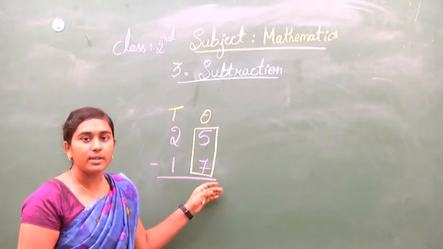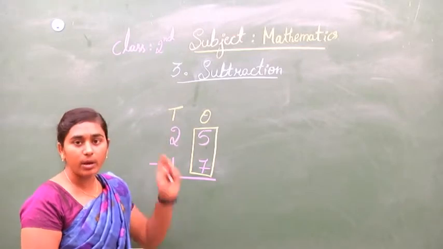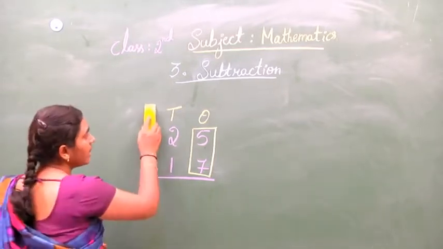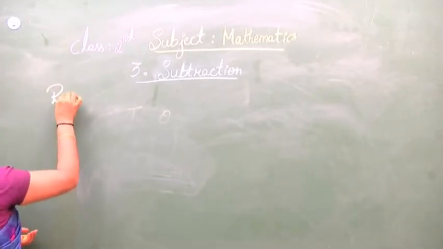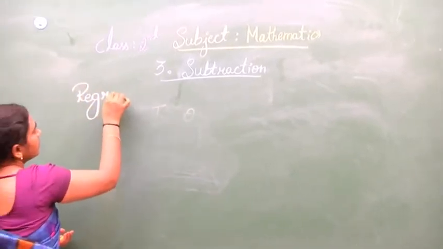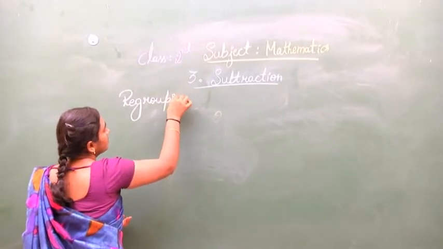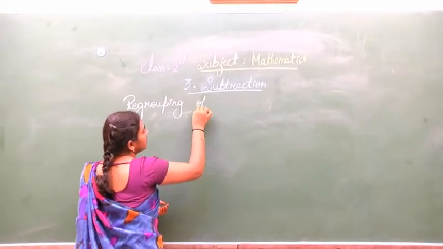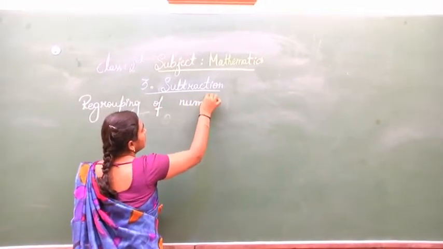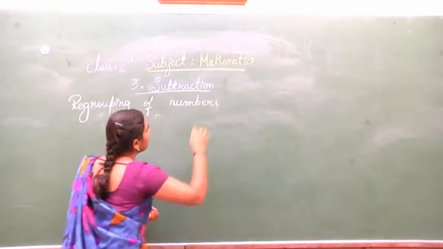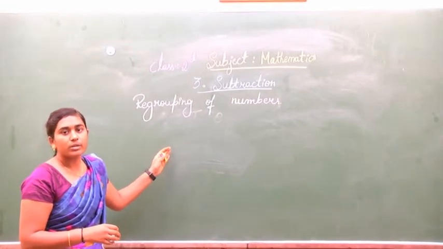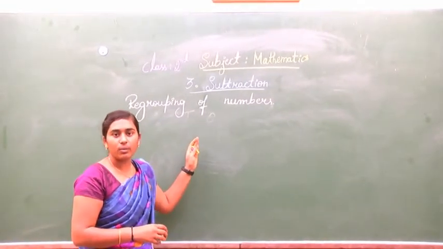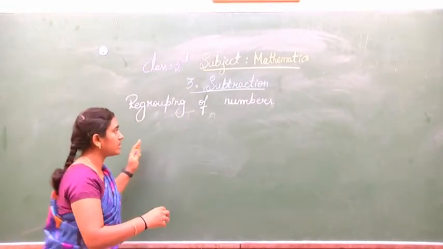For this kind of sums we have to learn about regrouping of the numbers. Regrouping of the numbers means we have to regroup the tens and ones place values.